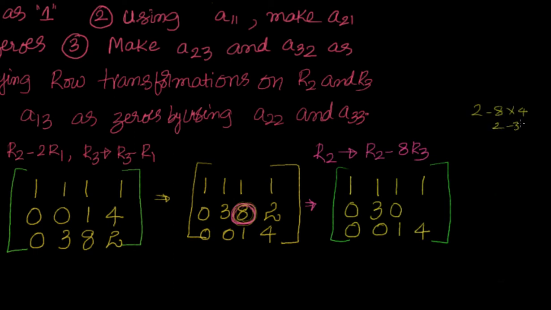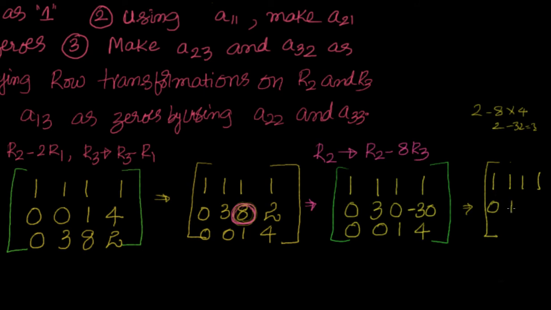That is 2 minus 32, that's nothing but equal to minus 30. Okay, right. Now you can see 3 and minus 30, I can take 3 out. Now you can see that I have 1, 1, 1, 1.